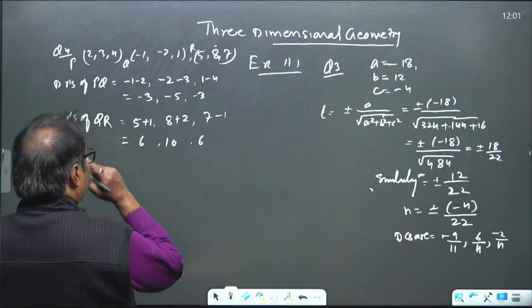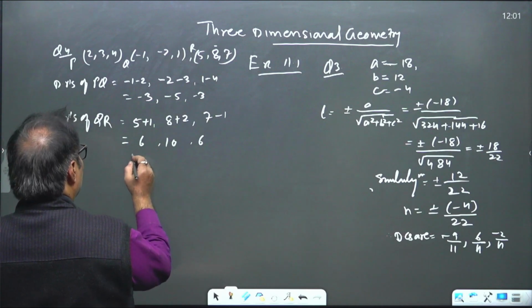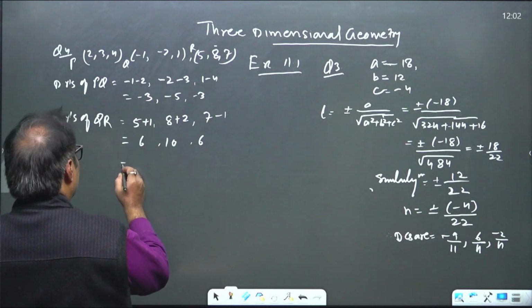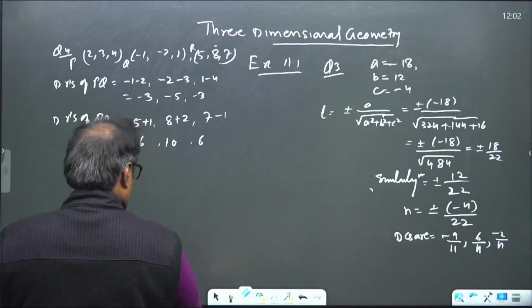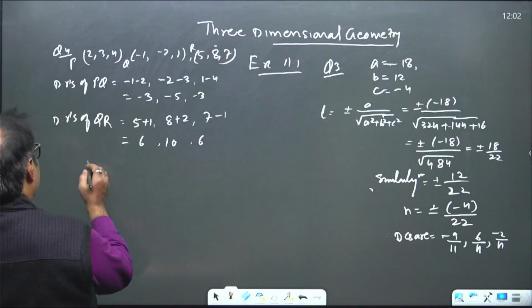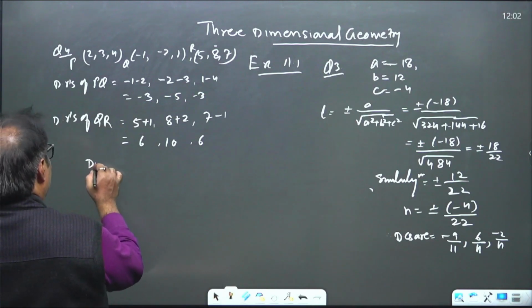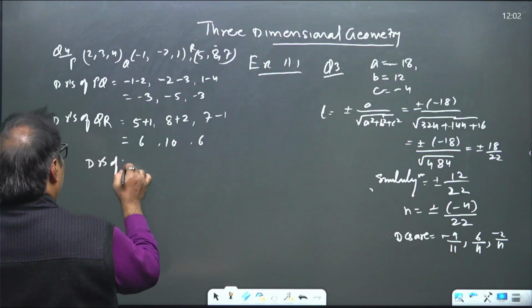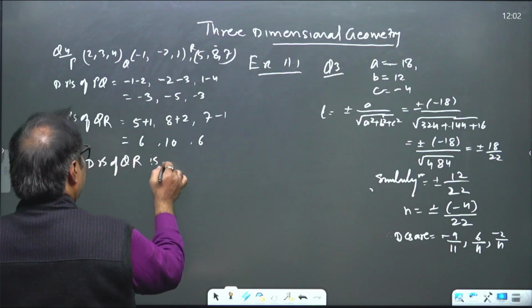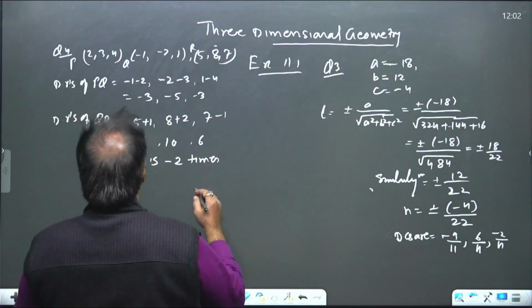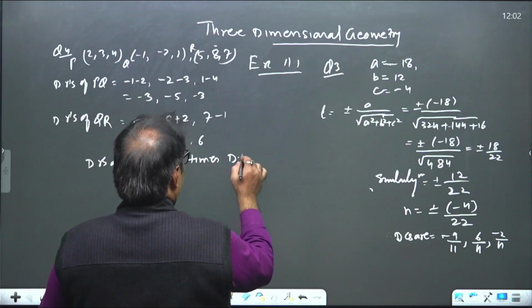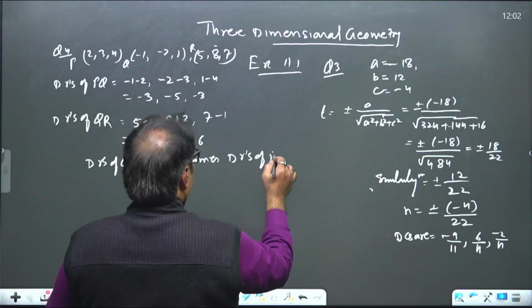We can take minus 2 as a common, so we may write that the direction ratios of QR are minus 2 times the direction ratios of PQ.